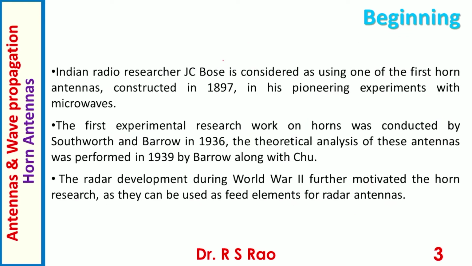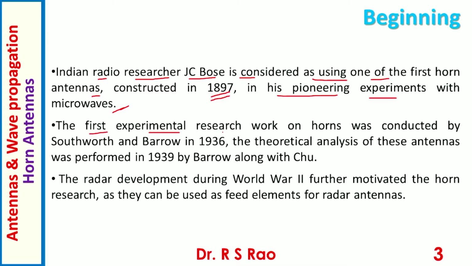Some more points regarding these antennas. Indian radio researcher J.C. Bose is considered as using one of the first horn antennas, constructed in 1897 in his pioneering experiments with microwaves. It is already mentioned these antennas belong to the category of microwave antennas.